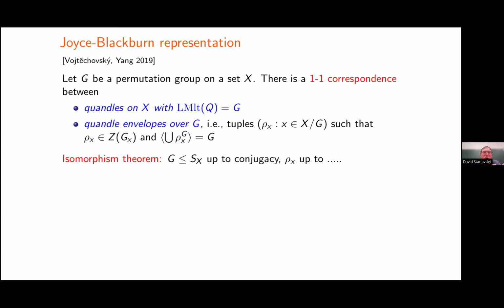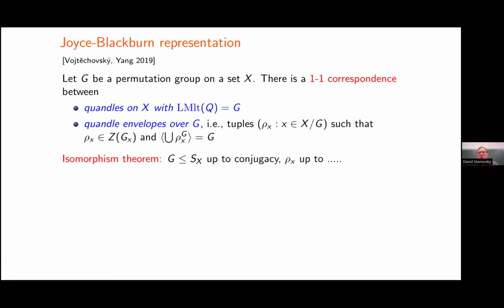One is that each rho x is in the center of the stabilizer of x. And if you take the union of the conjugacy classes of these rhos, where this thing means the conjugacy class of rho x, then the union has to generate the whole group, right?